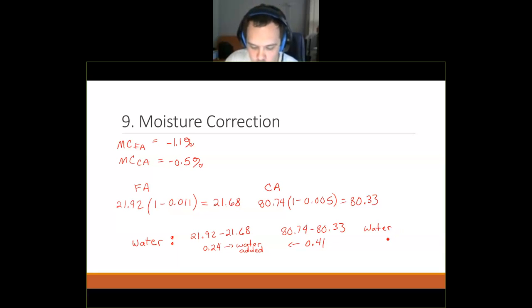Okay, so I'm going to do that original water, which is 10.93. And then I'm going to add each of these, so 0.24 and 0.41. And this is going to give me 11.57 pounds per cubic foot.